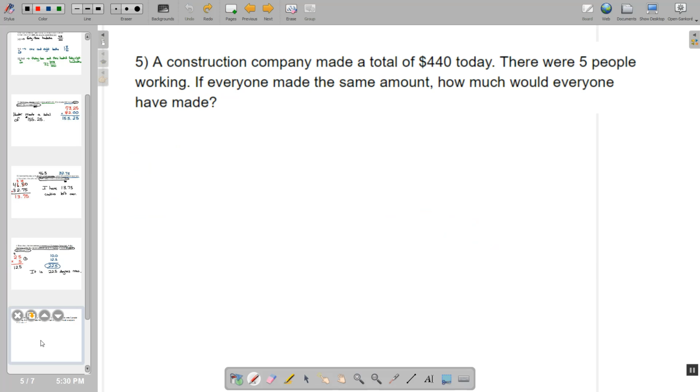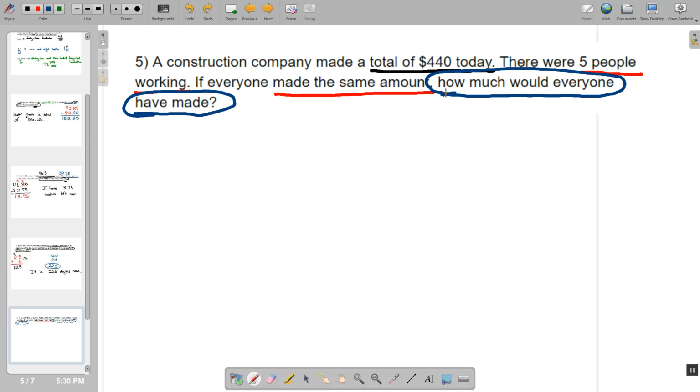For our final problem, it says a construction company made a total of $440 today. There were 5 people working. If everyone made the same amount, that means that we're splitting it up evenly, how much would everyone have made?